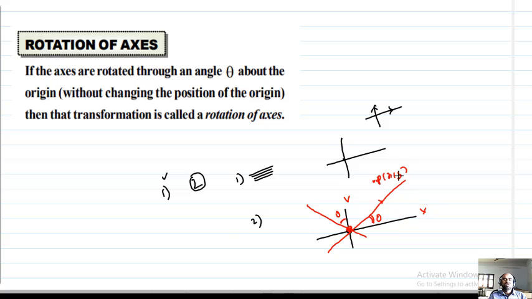How to find the coordinates of P with respect to the new axis? That is the first thing. Next, for example, y = f(x), or f(x, y) = 0, is the equation of this curve with respect to the old axis. If the axes are rotated through an angle, automatically the equation of the curve will change. What happens to the equation of the curve? All these things we should learn in this class.